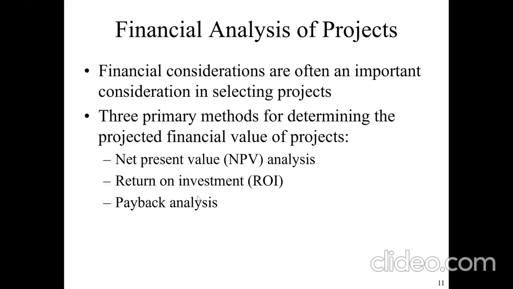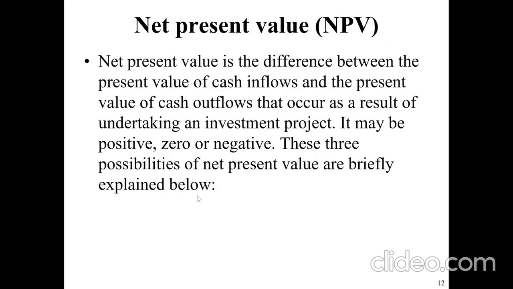So there are some financial considerations that are often an important consideration in selecting projects. 3 primary methods for determining the projected financial values of projects, and these are what we call the NPV or the net present value. We also have the return on investment or the ROI, and then the payback analysis. And so we'll start with the first one, which is the NPV, and then we see how these things go.